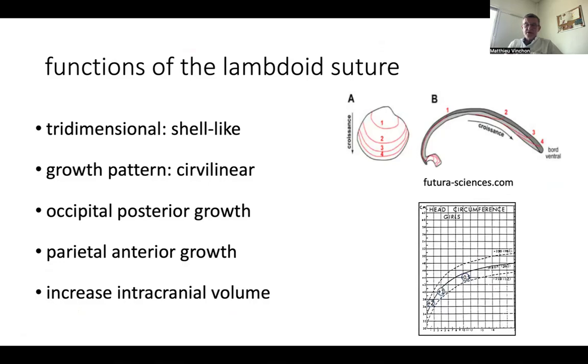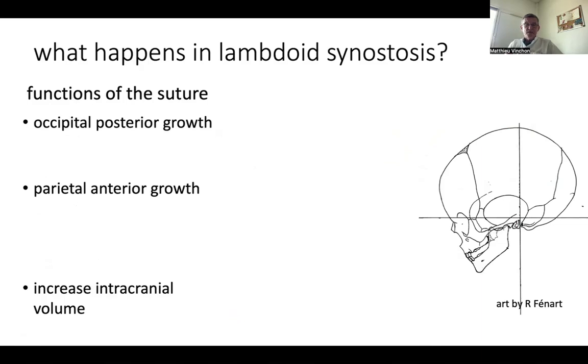And you see here on the curve of the head circumference in children, it is striking how similar it is to the shape of this shell, and it is very interesting to think about how nature is able to imitate mathematical laws. So what happens in lambdoid synostosis?